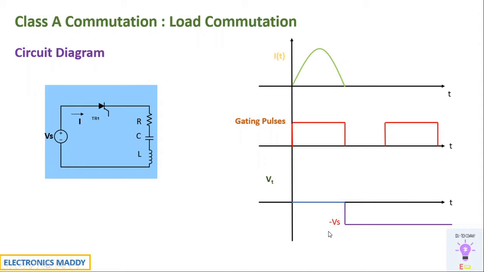So how do we achieve that? We will be choosing the values of L and C such that the voltage at this side will be greater than the voltage at the source side. One important thing to note is that Class A commutation or load commutation is applicable only for a thyristor connected to a DC supply, because when it is connected to an AC supply, the thyristor will automatically turn off because of natural commutation. Once this concept is clear, we'll look into the design procedure.